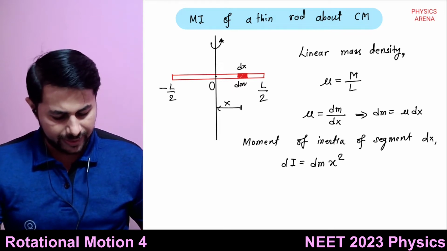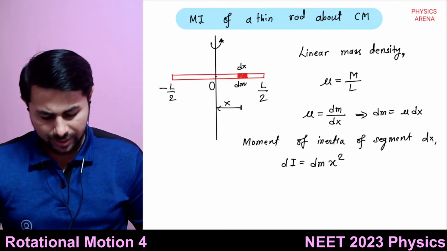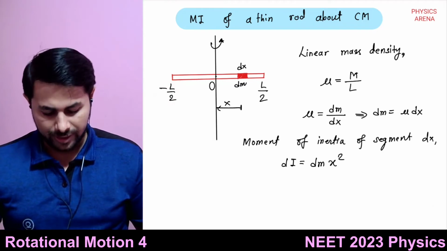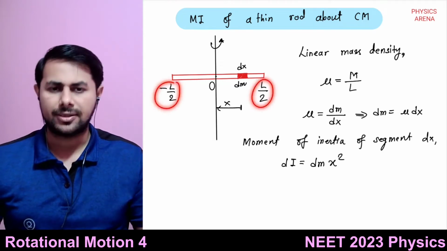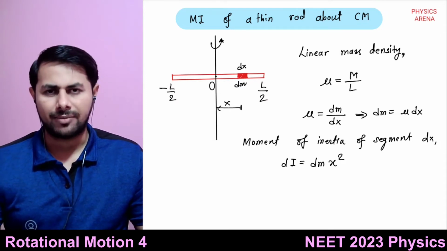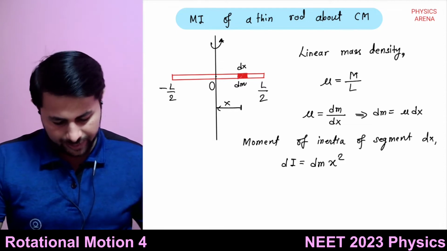Second is the distance. The position changes from minus L by 2 to plus L by 2, right?